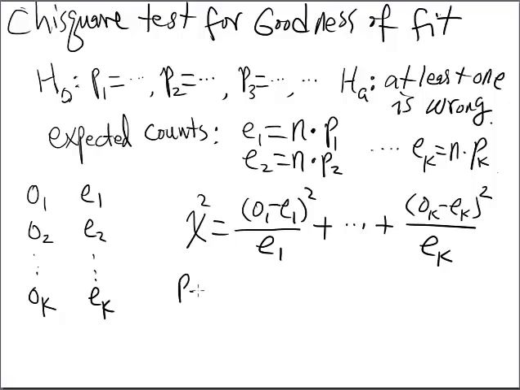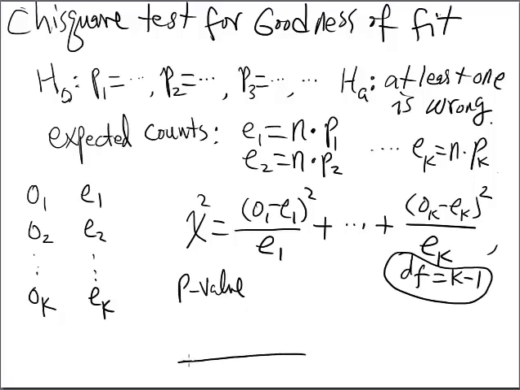So the p-value, oh yes, the degree of freedom equals k minus 1, okay? So the p-value, you can use the chi-square curve. Always the right side.